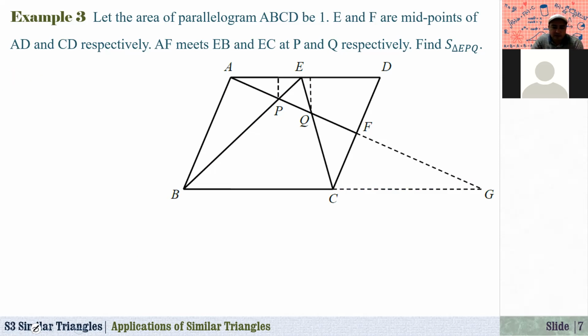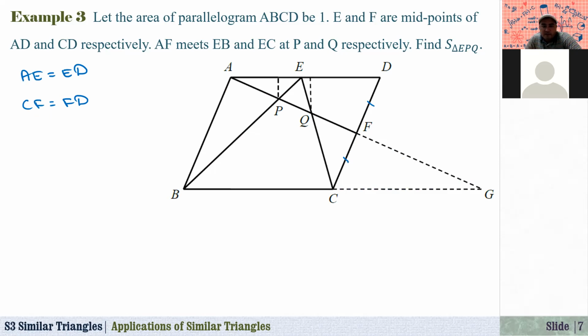Immediately we can write a solution. Let's say the given information is AE is equal to ED, and also CF is equal to FD. They are equal. E and F are midpoints of AD and CD respectively.